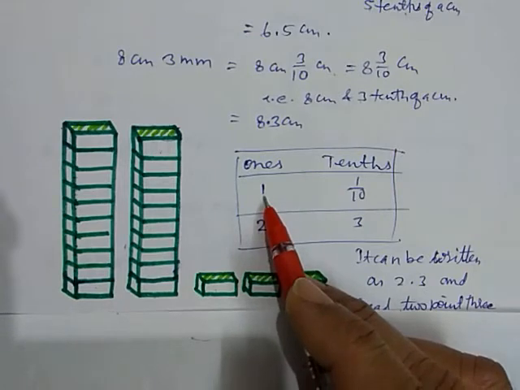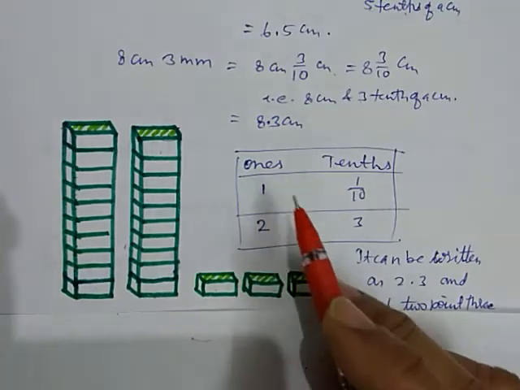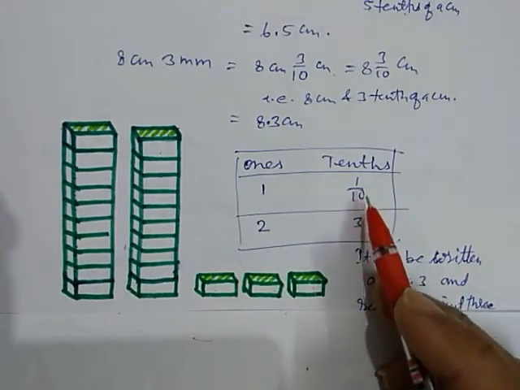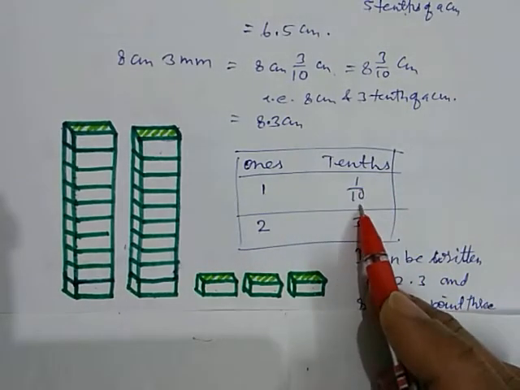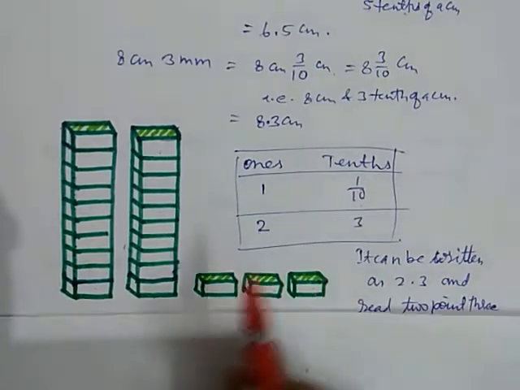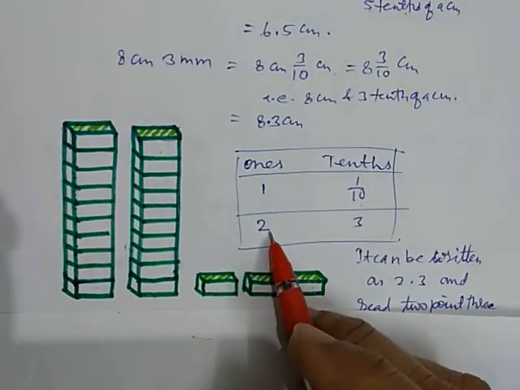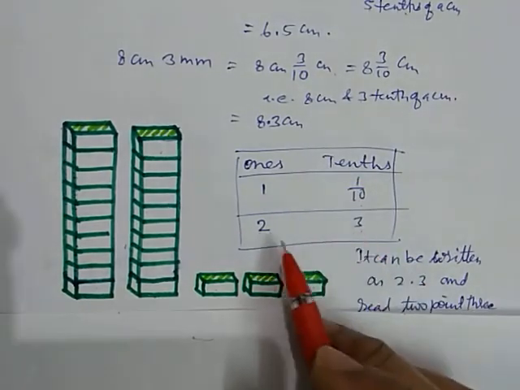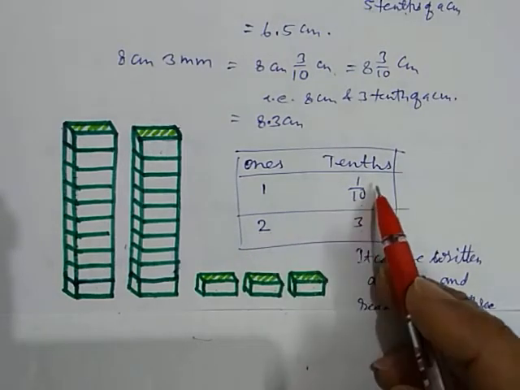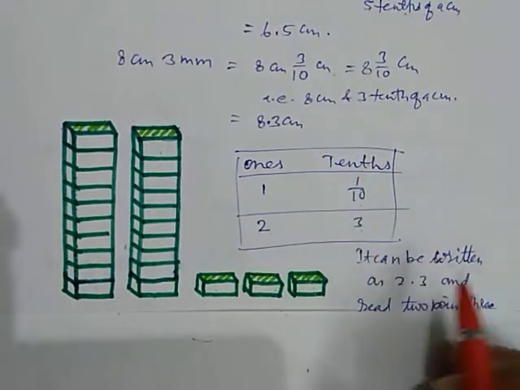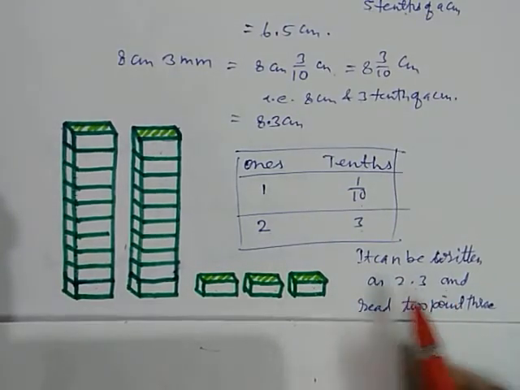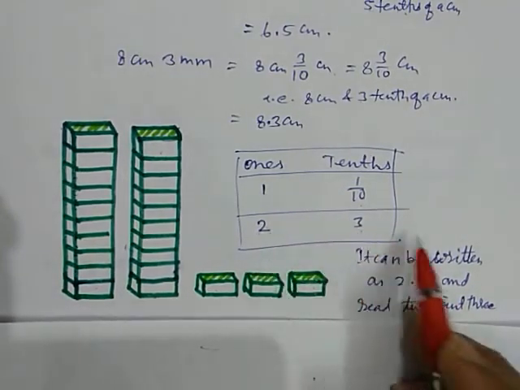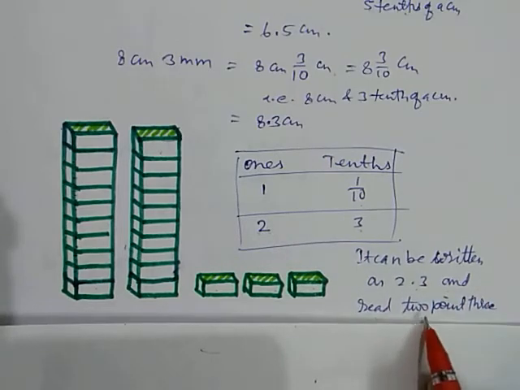If we write here 1, that is the ones part, and here 1 by 10, that is tenths. So we express tenths as 1 by 10 and 1 as 1. If we have 2 here and 3 here, this means 2 ones and 3 tenths. It can be written as 2.3 and read as 2.3.